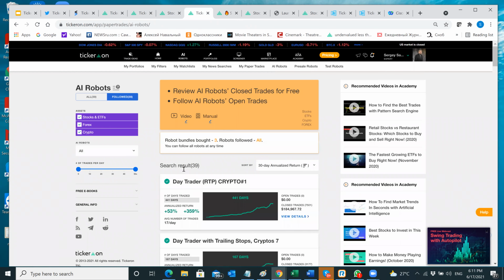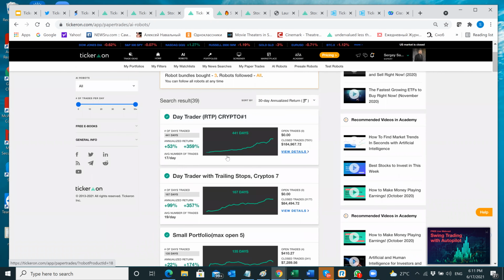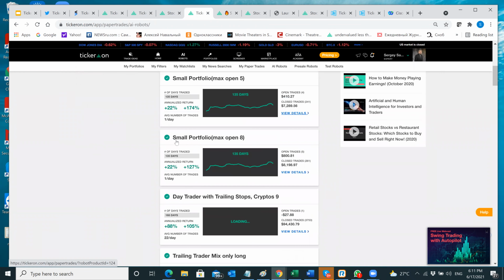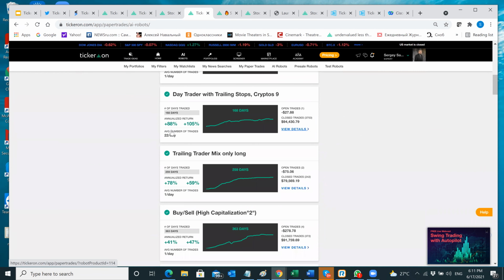I'm downloading all the robots. So we released about 39 robots. Actually, we're going to be releasing more. As you can see, best performing robots so far for crypto. But there are different names and different annualized returns.